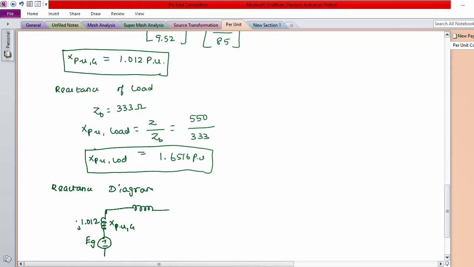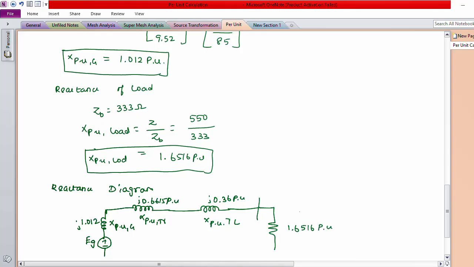The reactance of the transformer is J 0.6615 per unit, and for the transmission line it is J 0.36 per unit, which is connected at the bus. From that bus we will have a resistive load, and the per unit impedance of the resistive load is 1.6516 per unit.